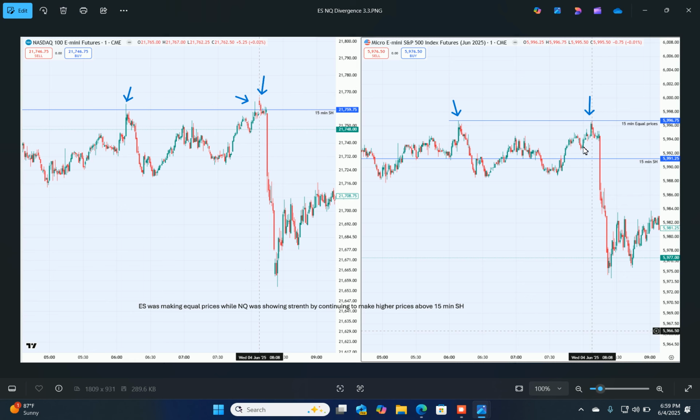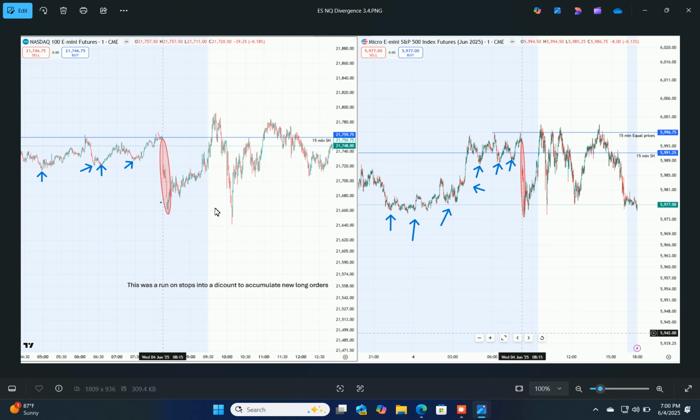This is exactly what I noticed, and I went right to it. Equal prices while the NQ was making higher prices and continuing the bullish market structure. I automatically looked at these swing lows right here, because these swing lows are where smart money accumulates new long orders, to buy the market at.